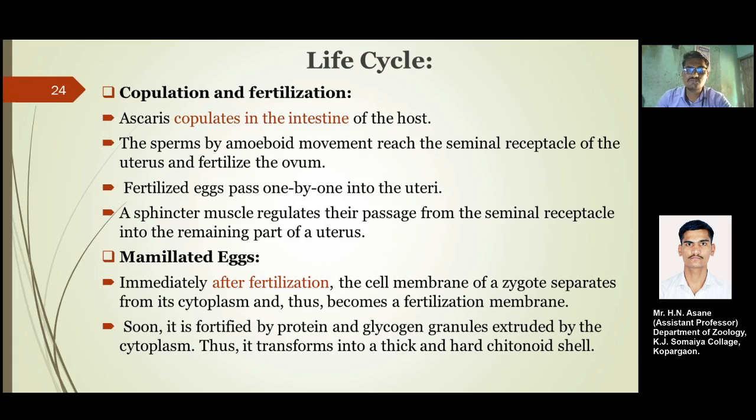Okay, so this is a very interesting part, that it has evolved and it can't be dissolved by the acids of our stomach, like HCl and proteolytic enzymes. Okay, so the thick hard chitin shell is formed.